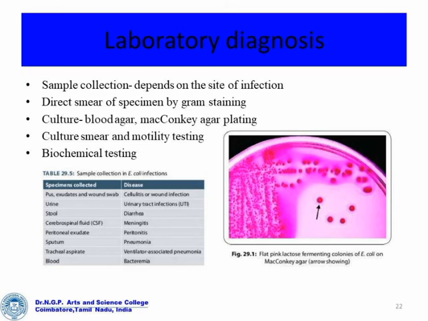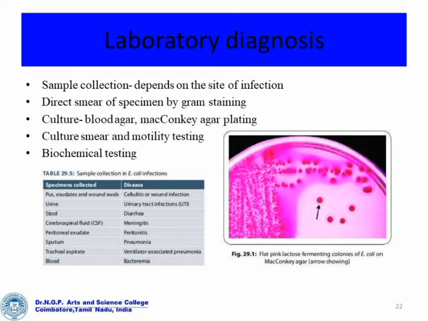And the laboratory diagnosis, sample collection depends on the site of infection. You can see in the table column. And then direct smear of specimen by Gram staining, and then cultural characteristics in blood agar and MacConkey agar plating, and then culture smear and motility testing, and then biochemical testing.